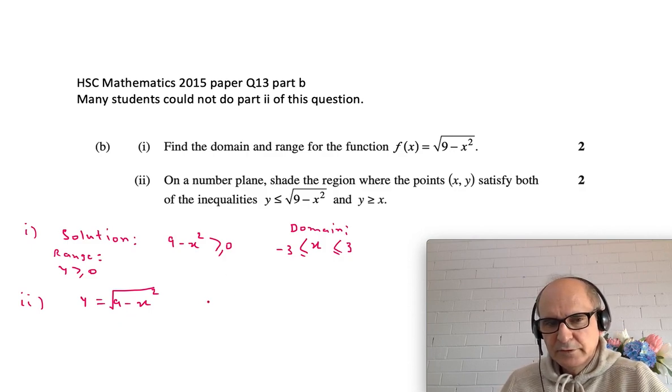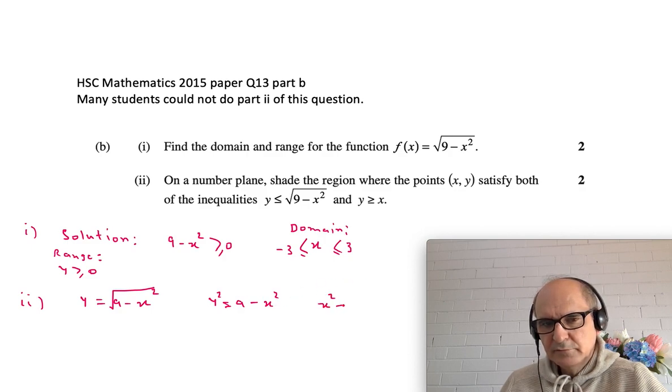We can square both sides to get y squared equal to 9 minus x squared, and move x squared to the other side to become positive, and you get x squared plus y squared equal to 9. You know that this is a circle with a center at origin and a radius of 3 units.